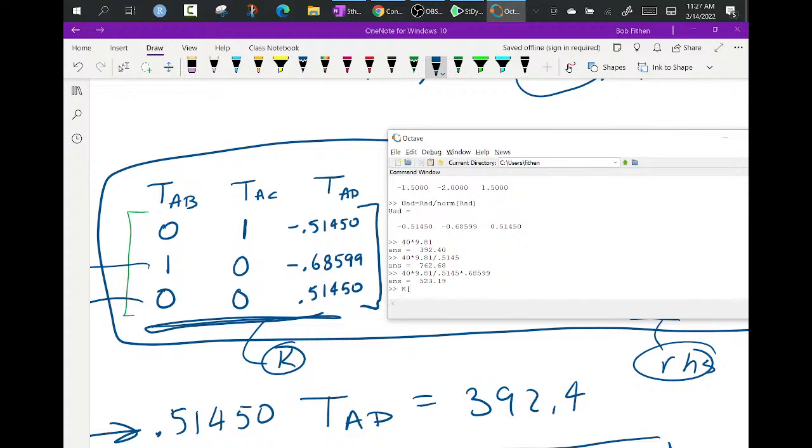K matrix equals, did I put the equals? I did not put the equals. Equals 0, 1, minus 0.5145. Next row says 1, 0, minus 0.68599. Next row, 0, 0.5145. Okay, let me zoom in on this.